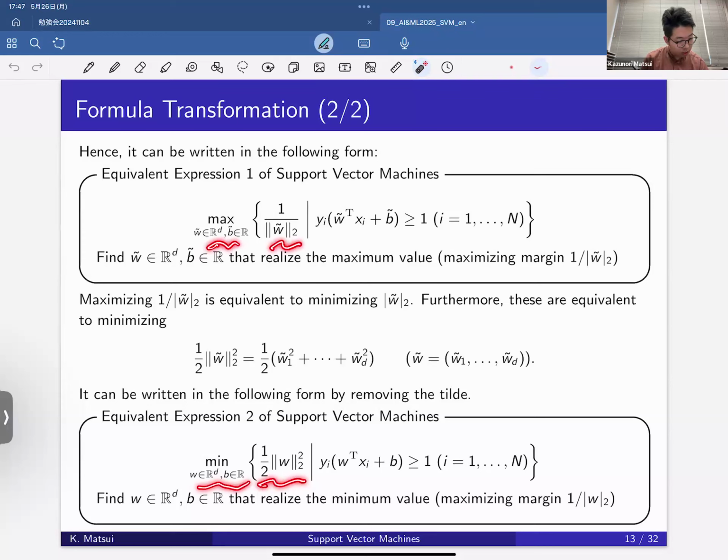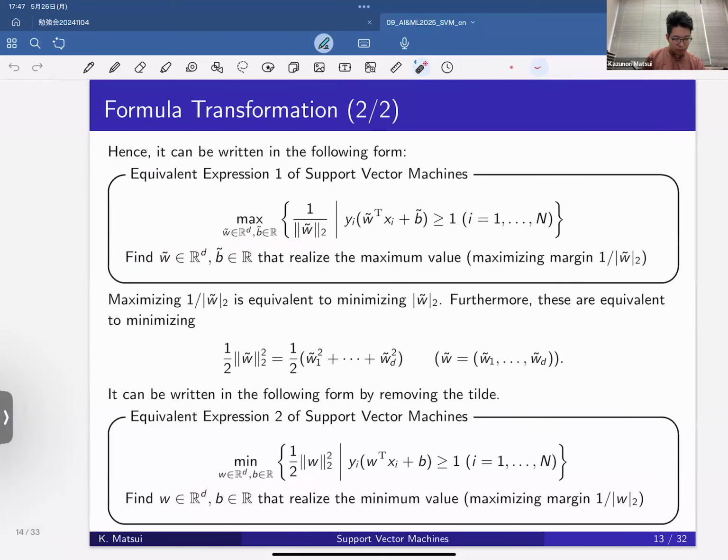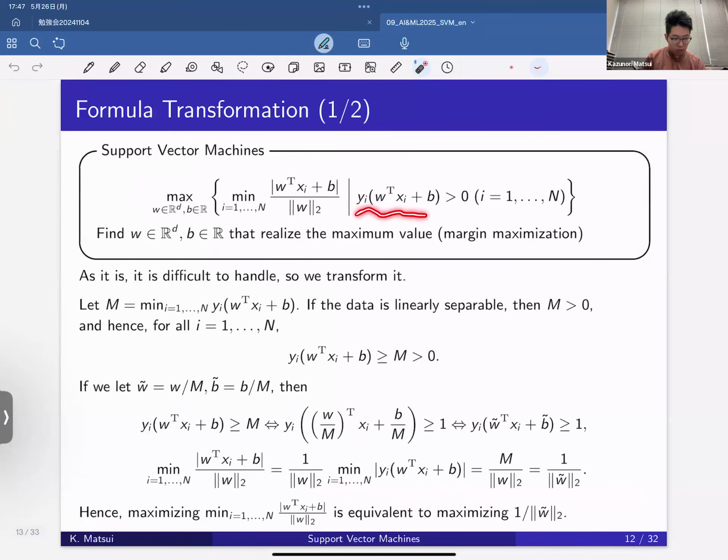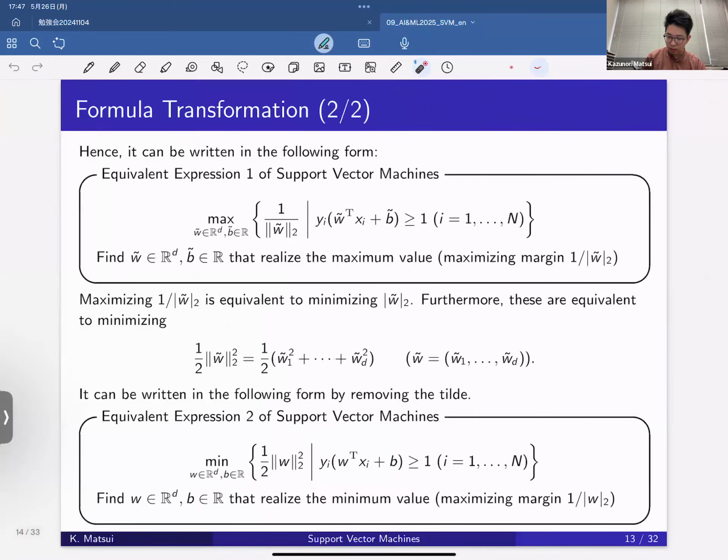So here and here. The condition part from earlier can be written like this: it becomes the condition yi times (w tilde xi plus b tilde) is greater than or equal to 1. So if we write this as a minimizing problem, it becomes like this.